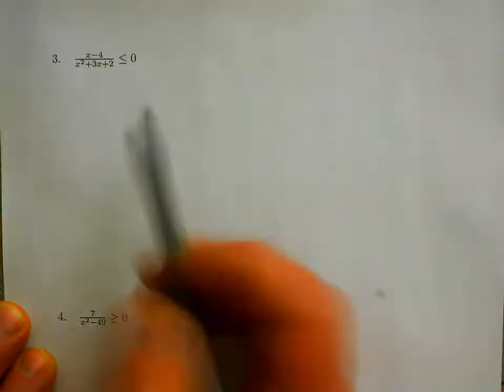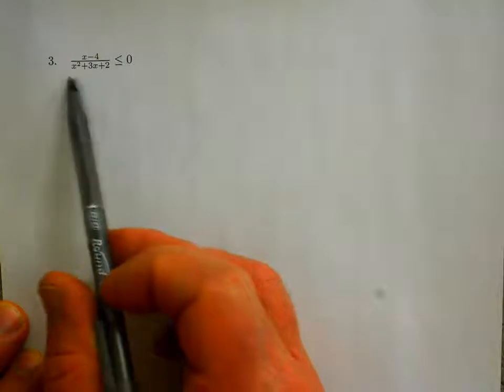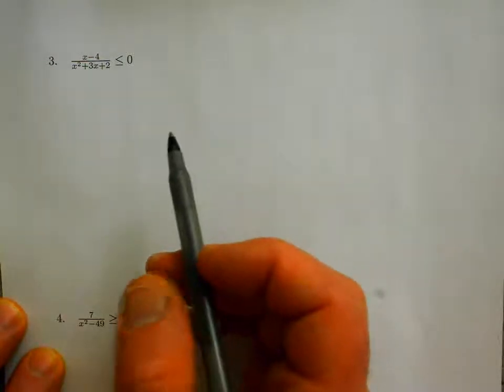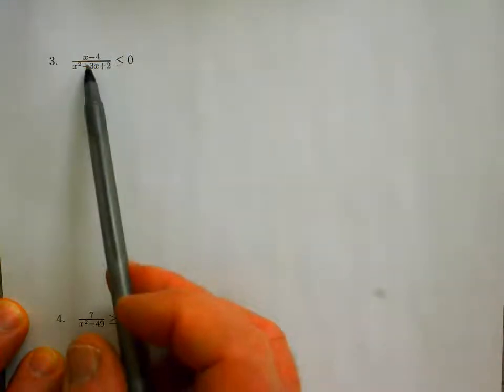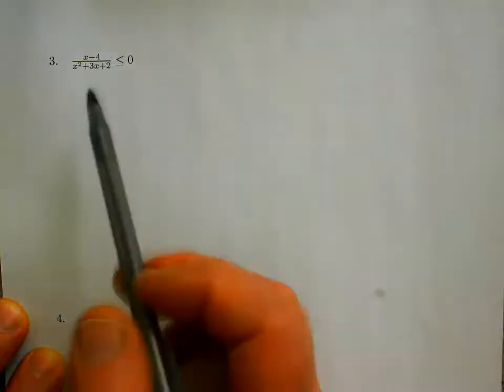The endpoints of the intervals are the x values that make the numerator 0 combined with the x values that make the denominator 0. The x value that makes the numerator 0 is 4. That one's pretty easy to find.